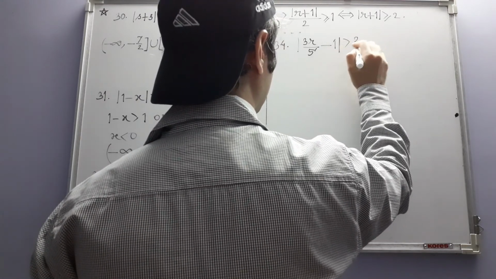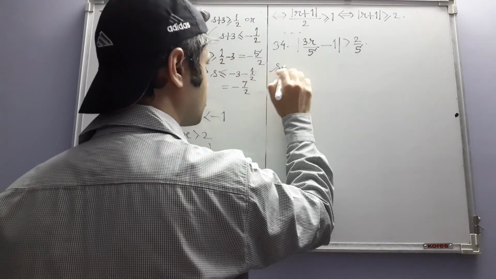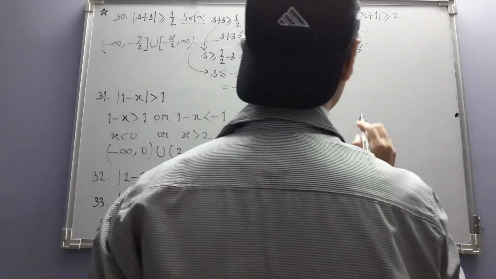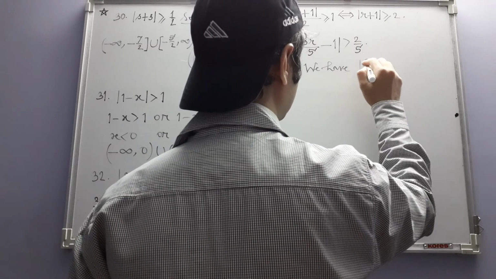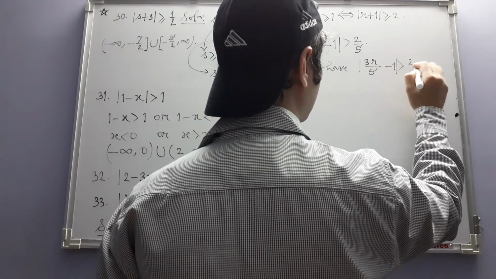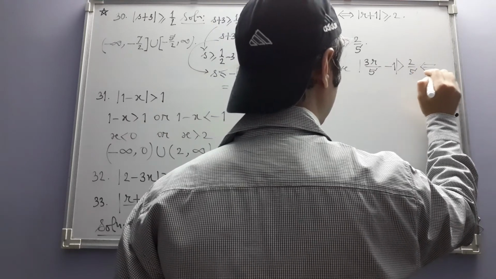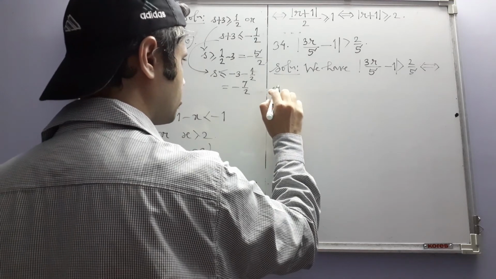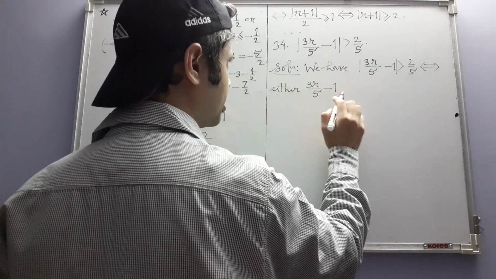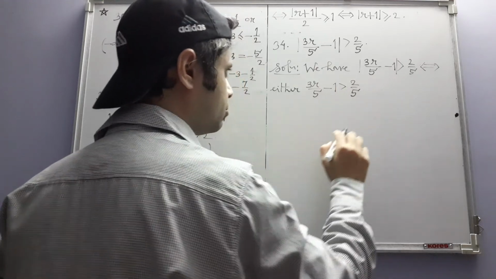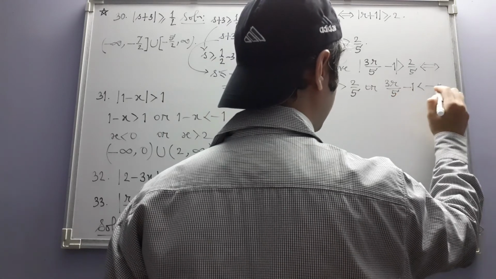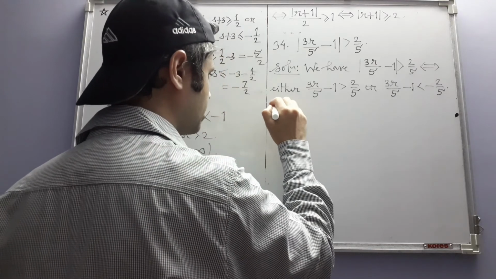This one, let's just do it. We have, if and only if, either 3r divided by 5 minus 1 is greater than 2 by 5 or 3r divided by 5 minus 1 is less than minus 2 by 5.